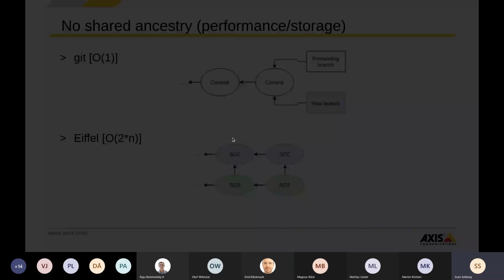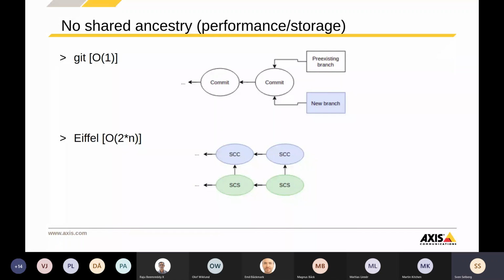The no shared ancestry is quite problematic, because in Git, creating a new branch from an existing commit is very cheap. It's just one object you create or update. Whereas in Eiffel, if you want to model the entire commit DAG, since the events are the relationship between a commit and a branch, you would need to create a new event for each commit that was reachable from this new branch.